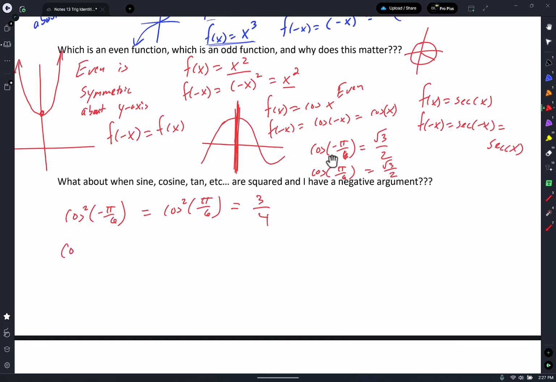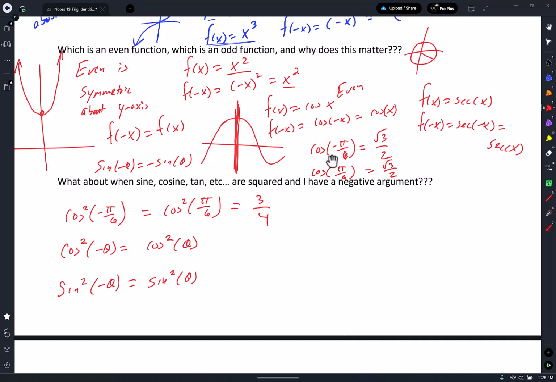So for cosine, you don't care. Cosine squared of negative theta is the same thing as cosine squared theta. But look what happens for sine. Over here you said sine of negative theta is negative sine theta because it's an odd function. Now you're changing things on me? No, relax. When you square it, negative times a negative is a positive.